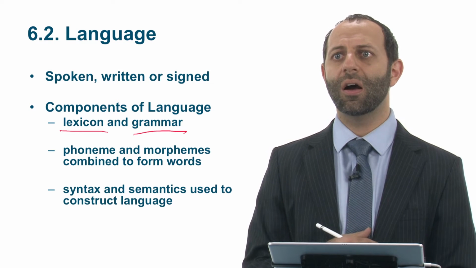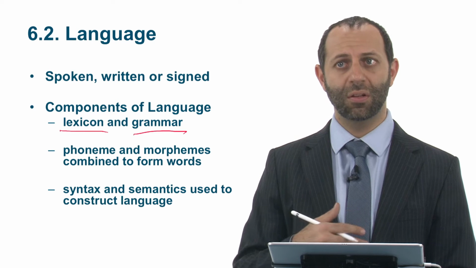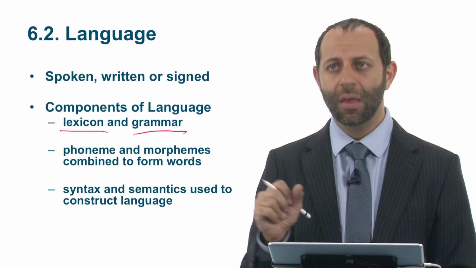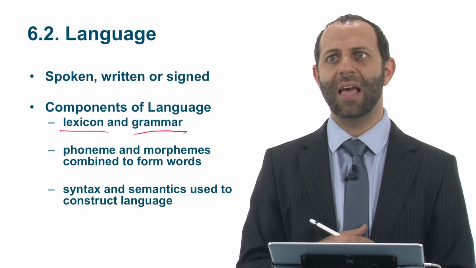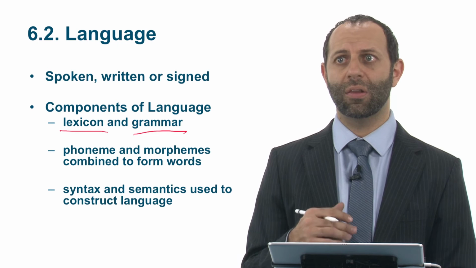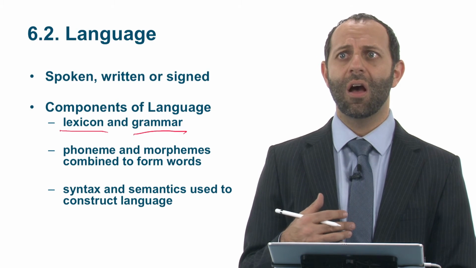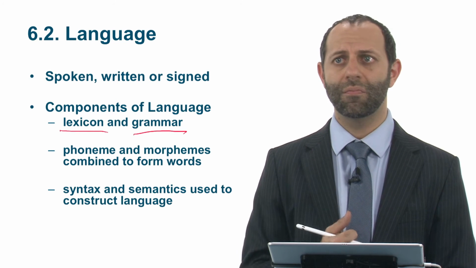This stage lasts roughly until the child's first birthday, where they're still babbling and putting pieces of syllables together. And during this time, their ability to recognize sounds that are not used in their language increases. And actually, the occurrence of these sounds decreases over time.